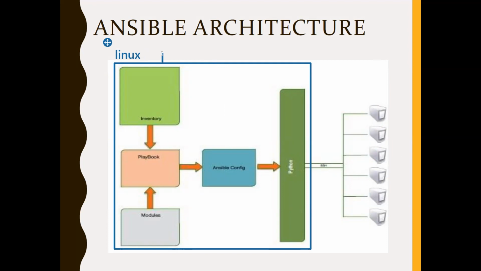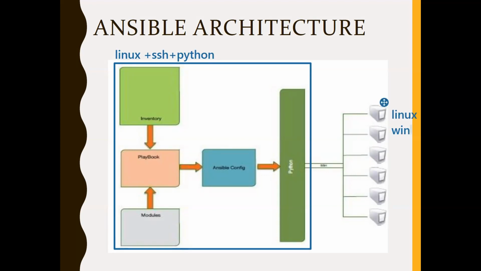It should be Linux only and it should have SSH, because SSH is the protocol used to connect to target machines. Linux should be there, SSH should be there, Python should be there. On all Linux machines, you have all of these packages like Python and SSH, so you don't need to install anything else. These targets can be Linux or Windows as well.